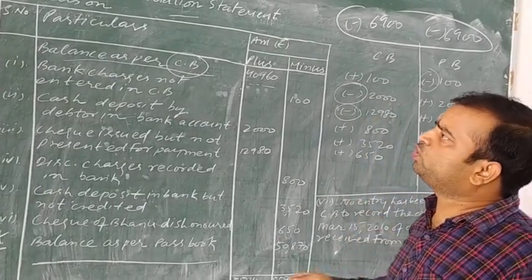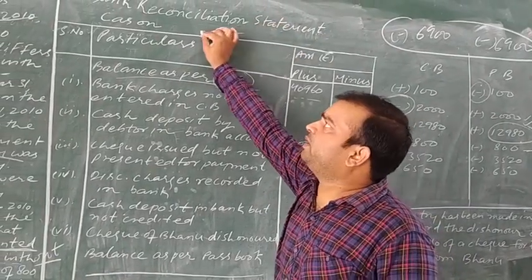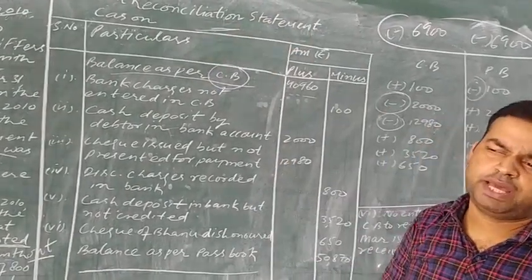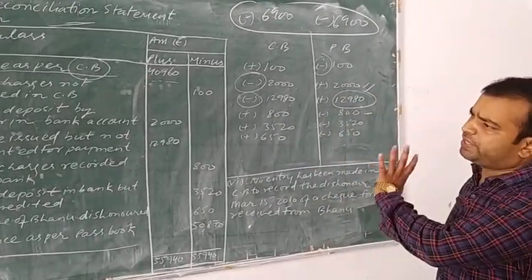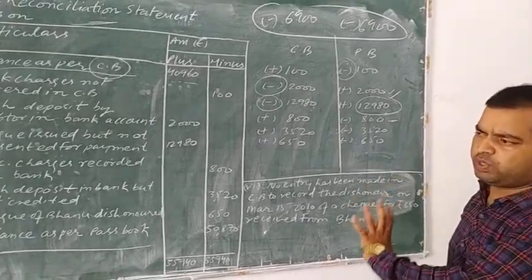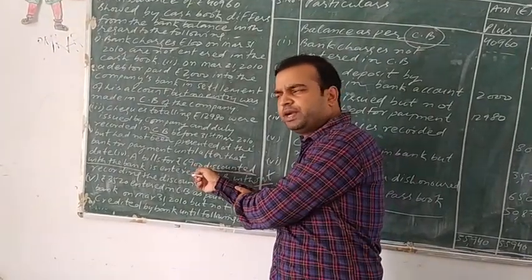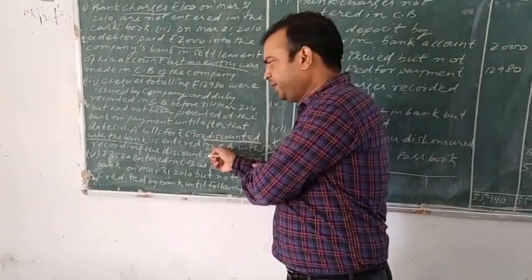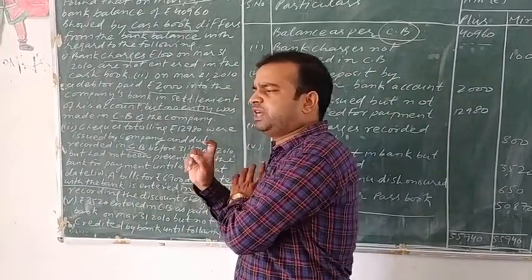So no need to do the treatment of 6,900 in the reconciliation statement, that is the bank reconciliation statement, because these two amounts' treatment is done correctly in the cash book as well as in the passbook. In the passbook also 6,900 is subtracted, okay, and the entry is also made in the cash book.